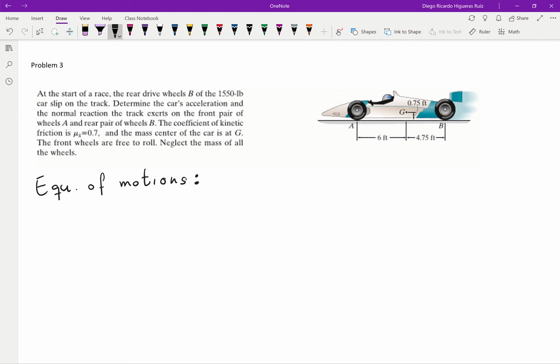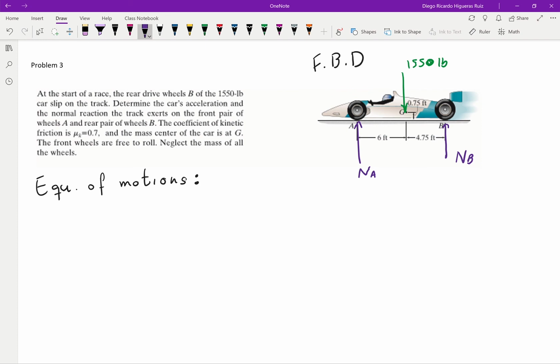To do that, we're gonna do a free body diagram on this picture. So weight 1550 pounds, and we also know that we're gonna have two normals here, NA and NB. We need to calculate those.